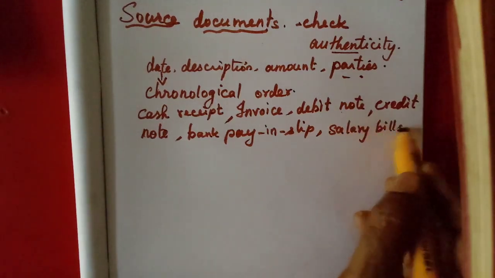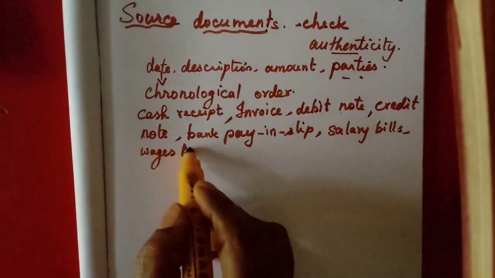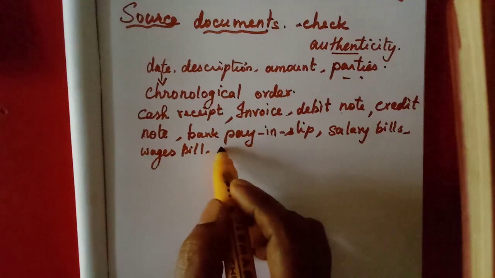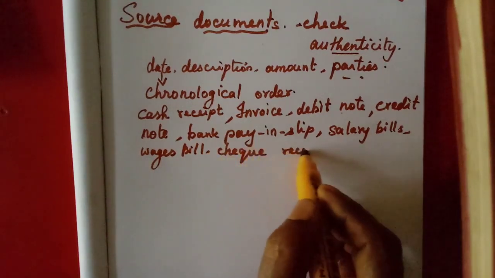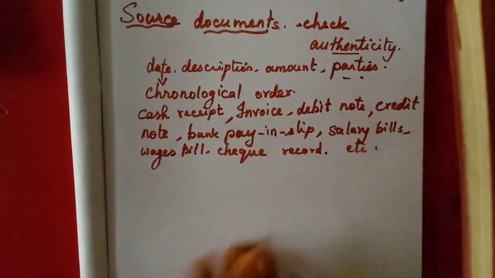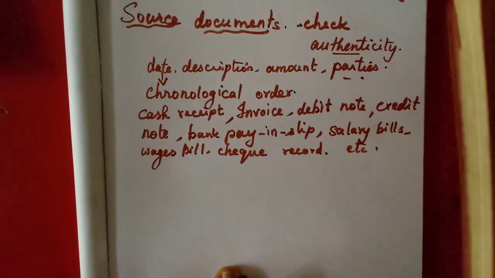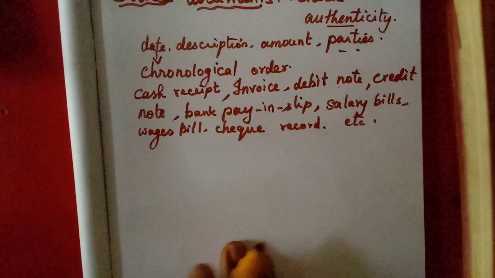If we pay wages, wages bill. Then cheque record, that record slip will be there. Many things are available as source documents. So all these are the source documents.